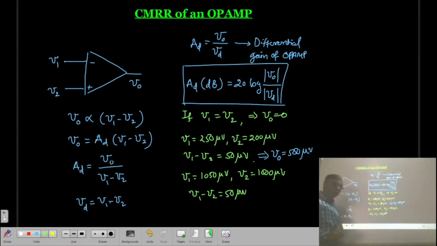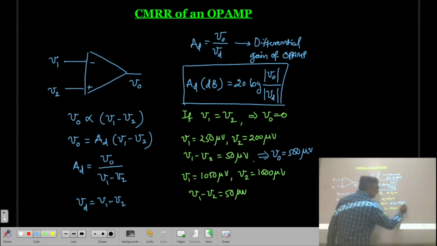But what we find in this case is that the output voltage is not 500 microvolt. Here we find that the output voltage is higher, and that is 550 microvolt.